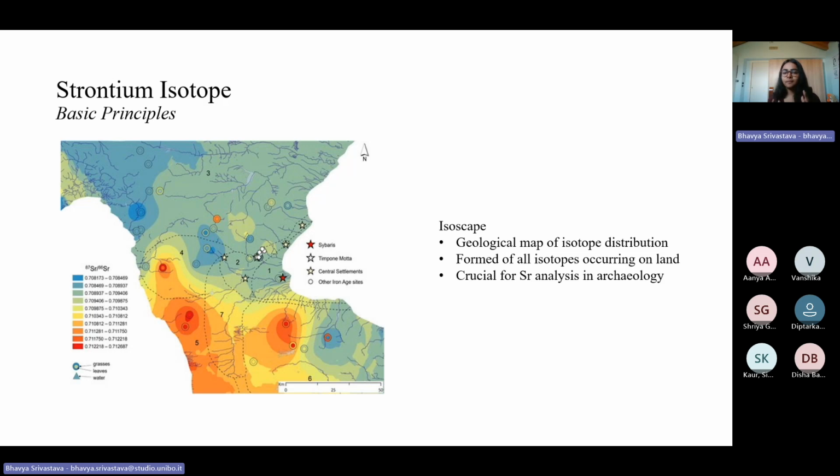Strontium is there. There are also lead isoscapes and oxygen isoscapes. So every isotope that exists on the surface of the Earth can have its isoscape mapped. And this is very important for any analysis of isotopes in archaeology, talking about mobility.